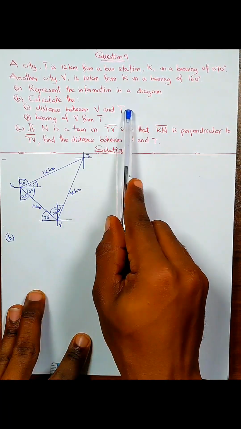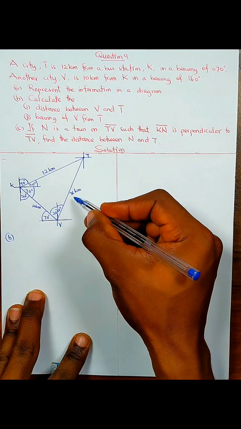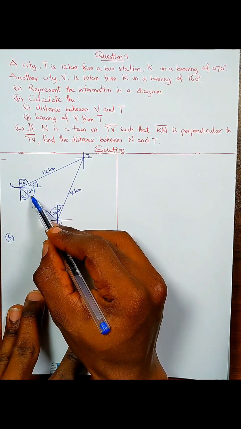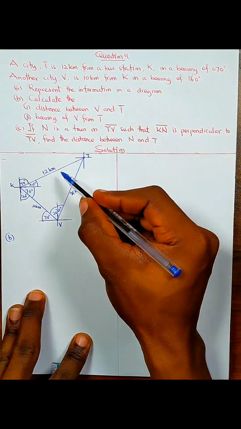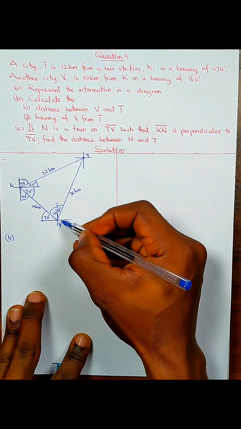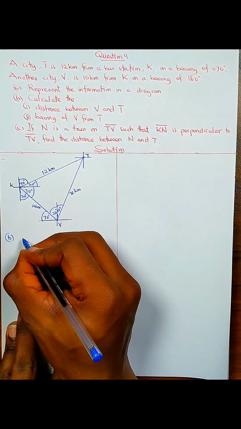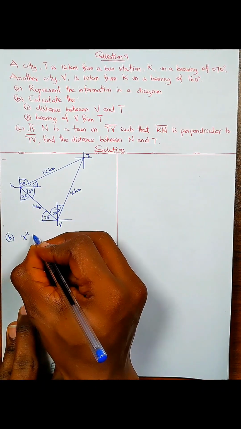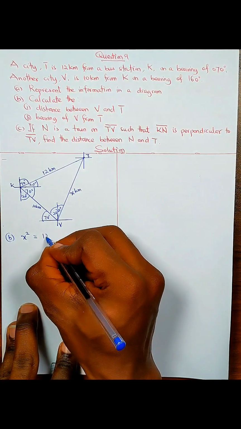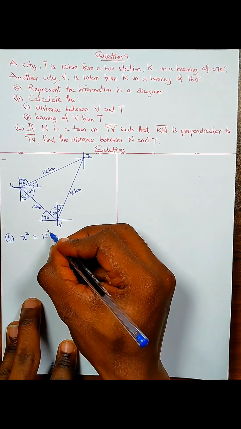The distance between V and T, that is what? V and T. That's what we've labeled as X. If this is the 90 degrees of a right angle triangle, then it means a side facing this angle is called the hypotenuse. And we know from Pythagoras theorem that the hypotenuse, which in this case is x squared, is equal to the sum of the squares of the other sides.